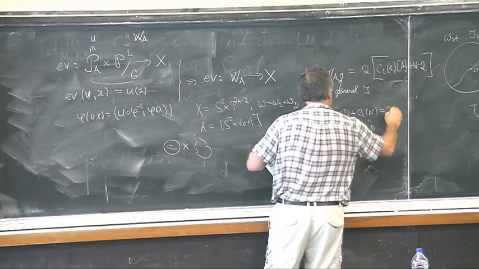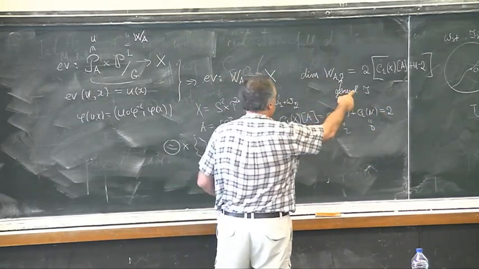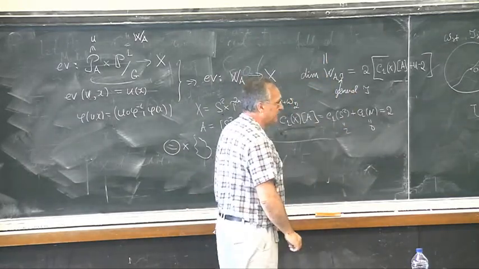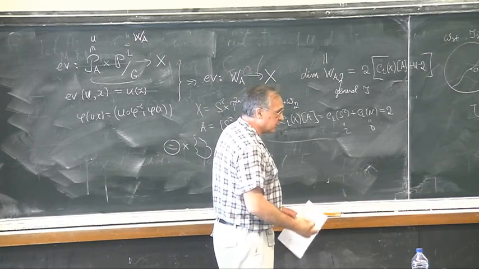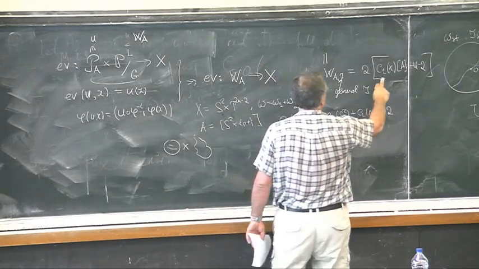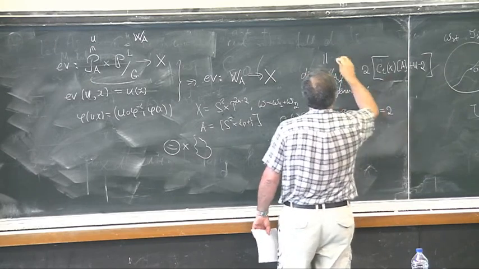So index can be calculated, but for us, this is important. The dimension of the generic space of curves is 2n.